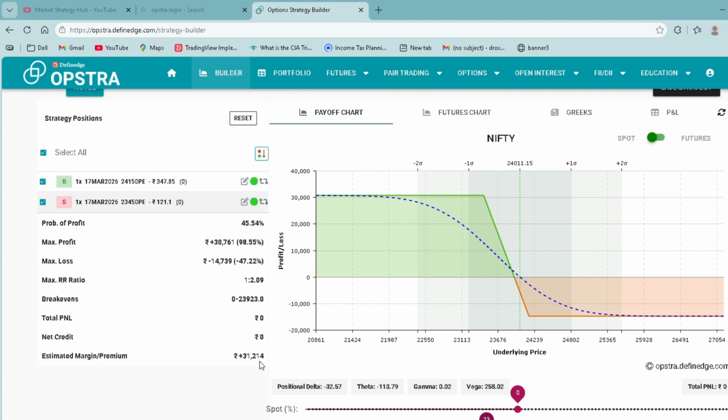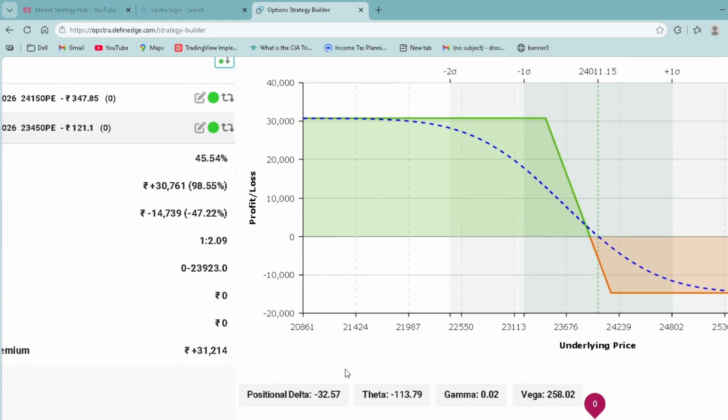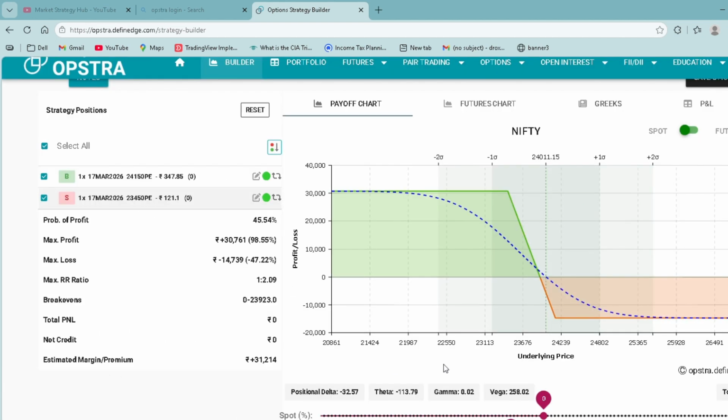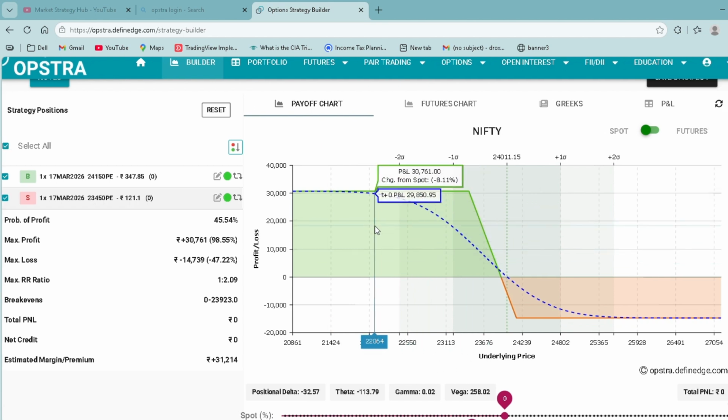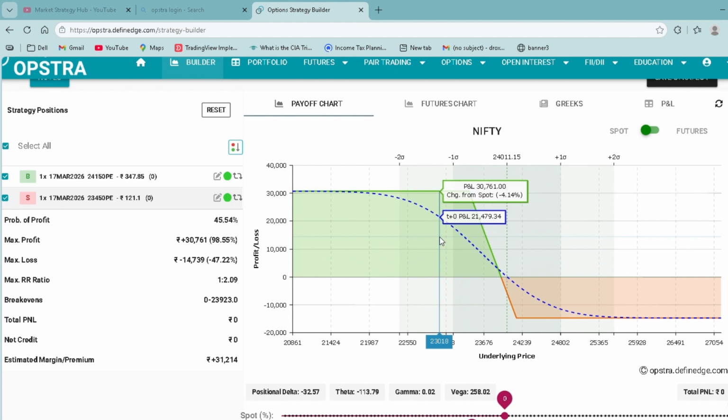So let me explain this one. This is a payoff chart. Maximum profit happens if the market falls below the lower strike price. This is the maximum profit zone, below the 23,450 level, and maximum loss is limited if the market goes up.